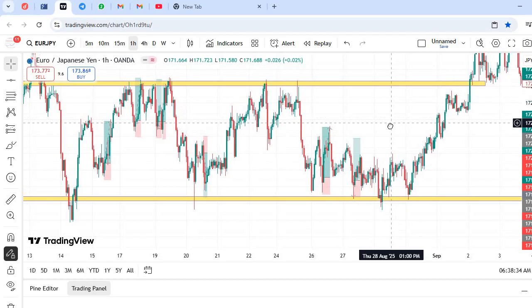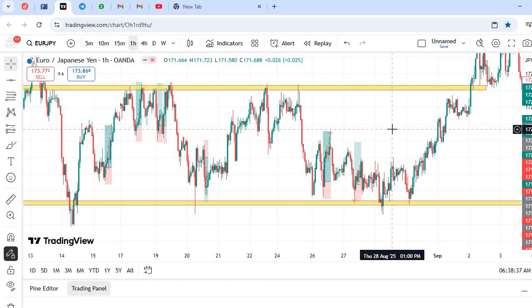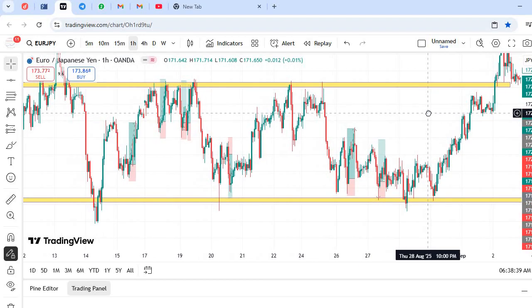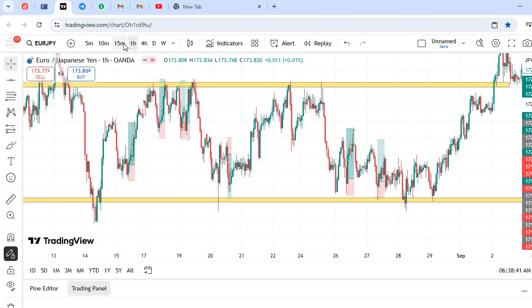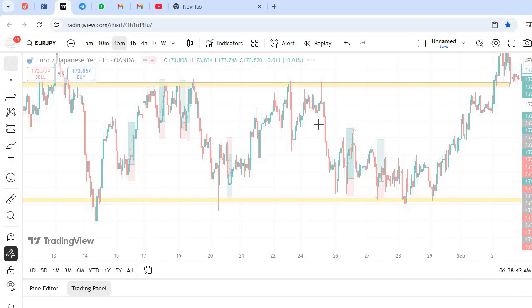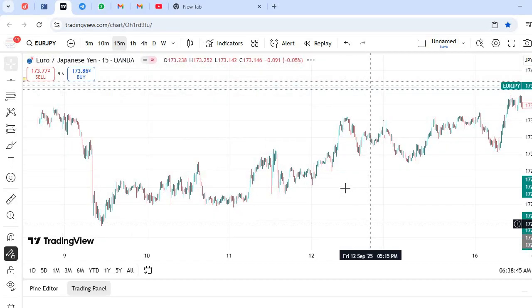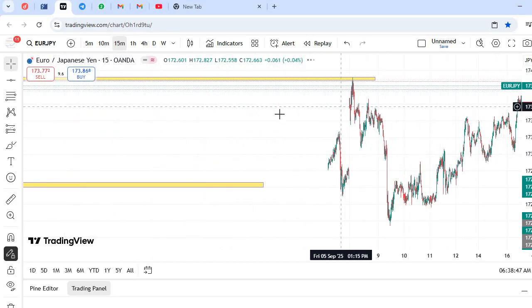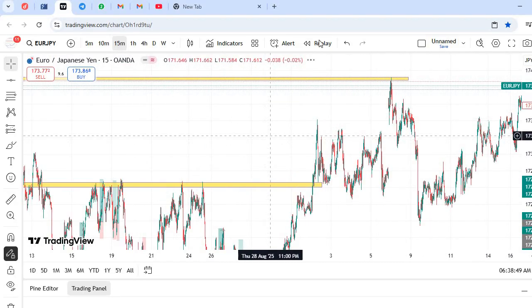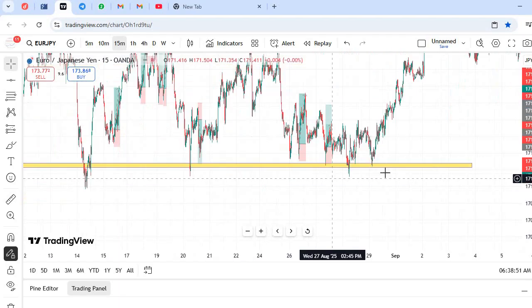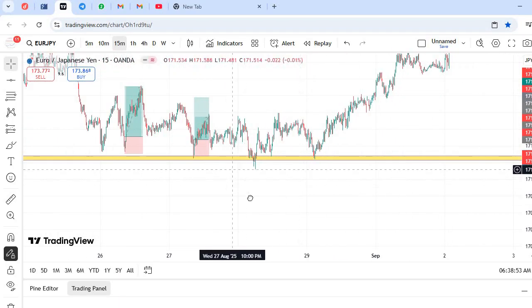People have different strategies they use depending on the trader. But as for me, I usually come down to the 15 minutes time frame to pick my own entry.